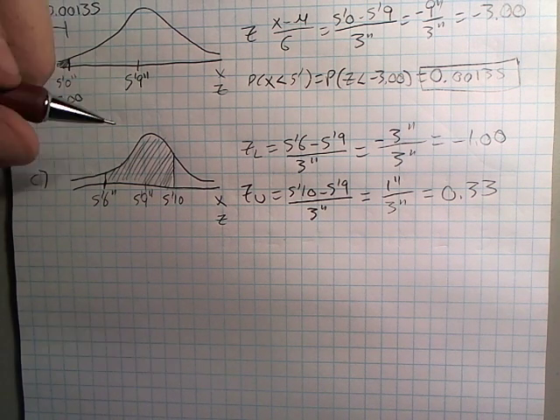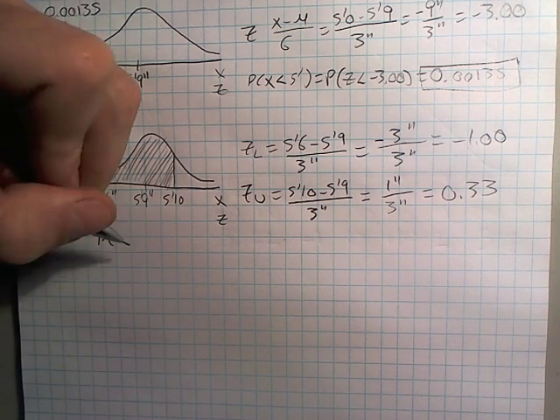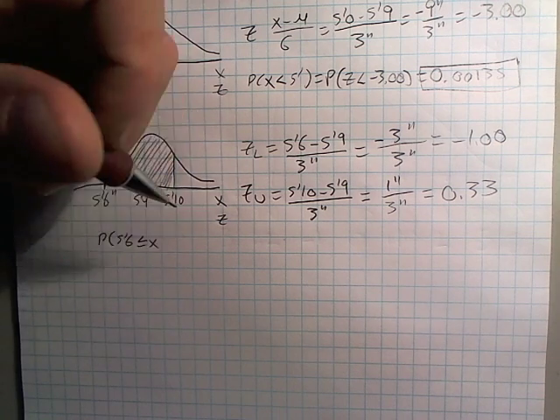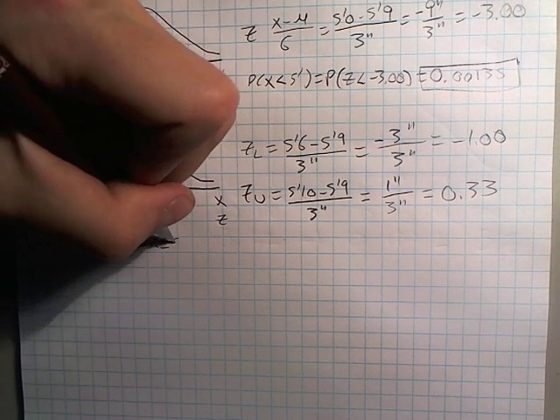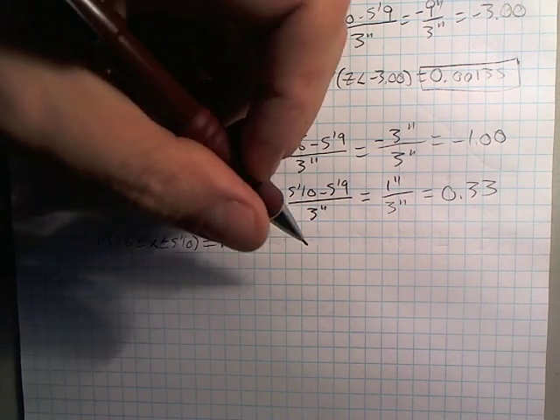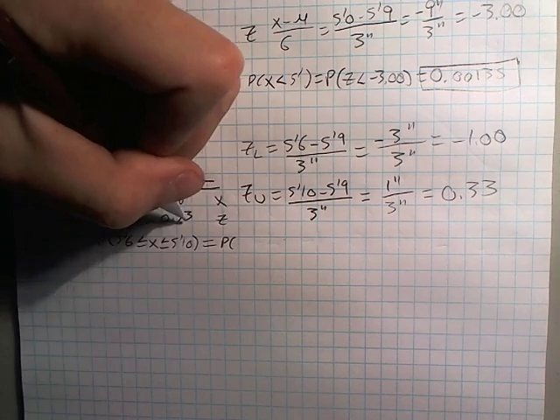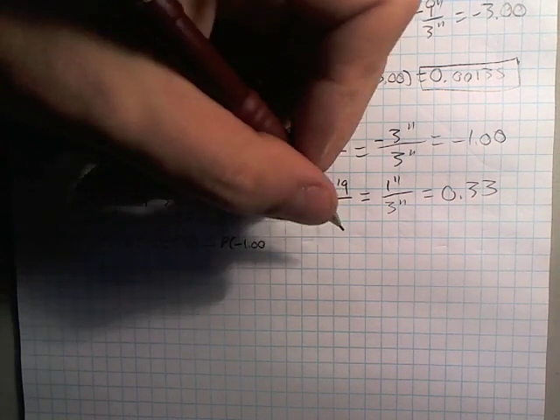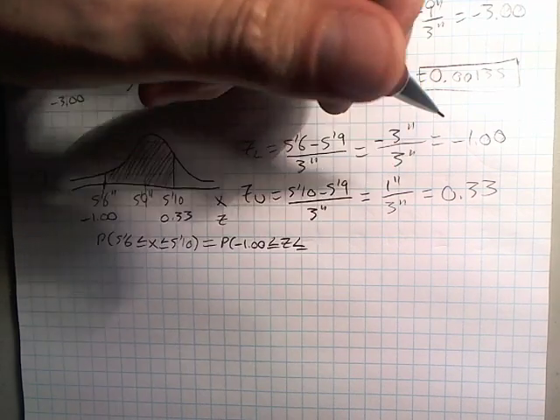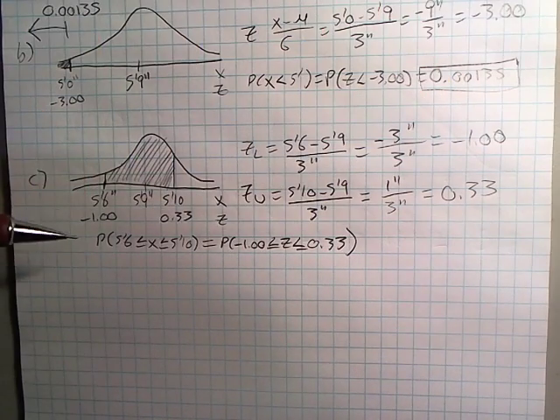I'll write this probability statement out. The probability that 5'6" is less than or equal to x, which is less than or equal to 5'10", is equal to the probability that z is between negative 1 and positive 0.33.